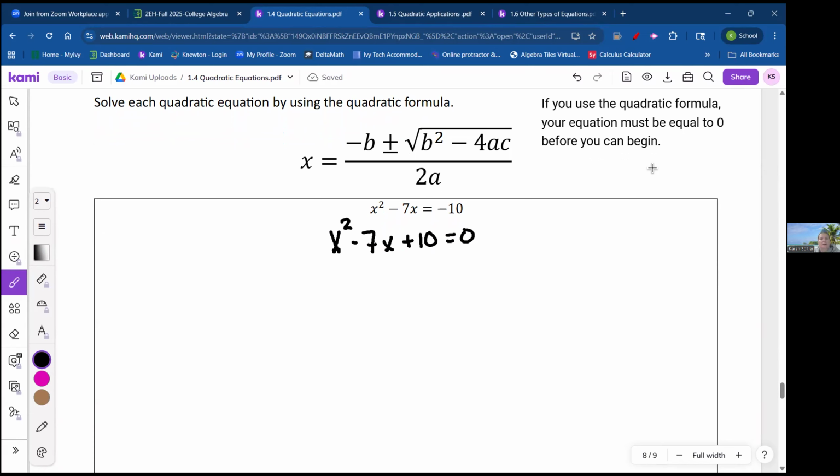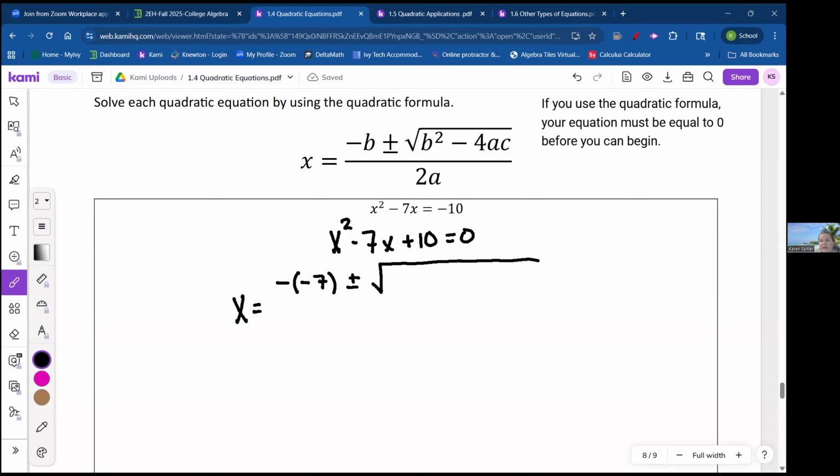Where we have A's, B's, and C's in the quadratic formula, those are only the numbers, so there should be no x's. So x is equal to the opposite of b. It says negative b, but b is already negative, so it's going to be minus negative 7. And then plus or minus the square root.